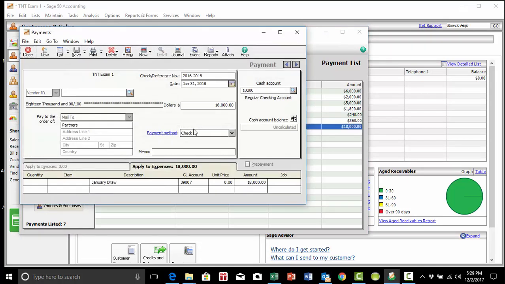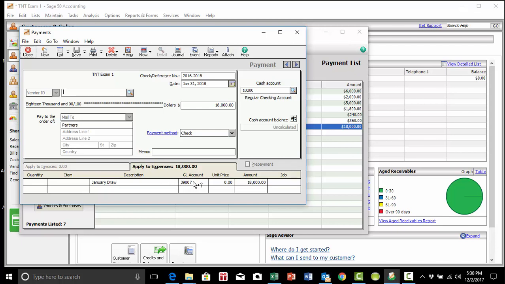This is the payment. Now what I did here was I put them all together. So I put the three together. But again, they're not vendors, so again, their name goes on this line. So you would have put partner 1, partner 2, partner 3, three different checks. Checks 2016, 2017, and 2018, but they're still payments.